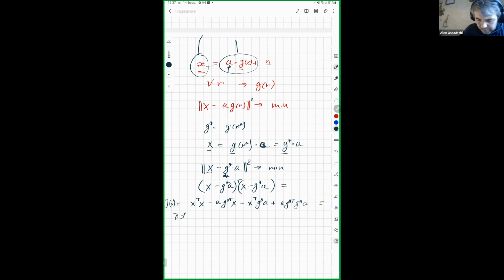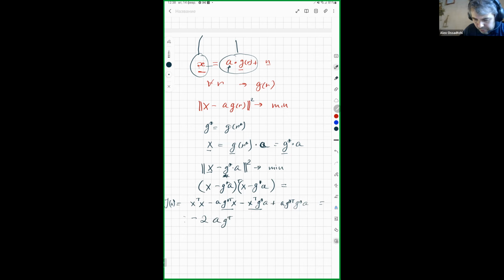Then you have to take the derivative, dJ of A over dA, right? Let me first write this in a more elegant form. You have minus 2, because these guys are the same, right? Because it's G transpose X and this is X transpose G, and they are vectors and the product is a scalar, and the dot product doesn't depend on which vectors you multiply by.